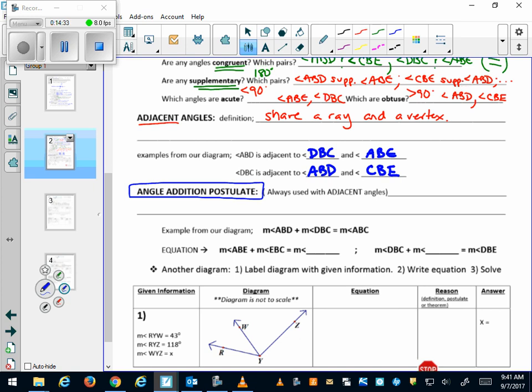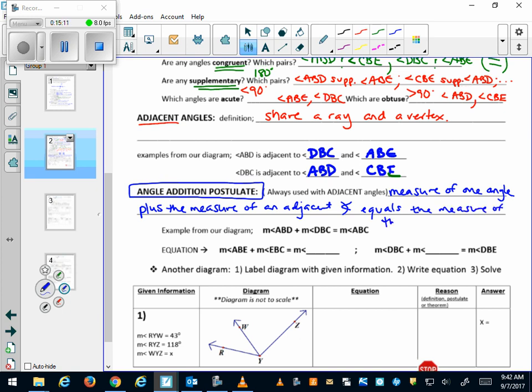And it basically says that the measure of one angle plus the measure of an adjacent angle equals the measure of the big angle formed.